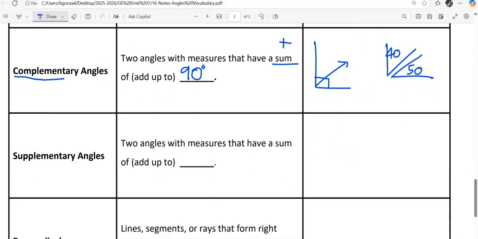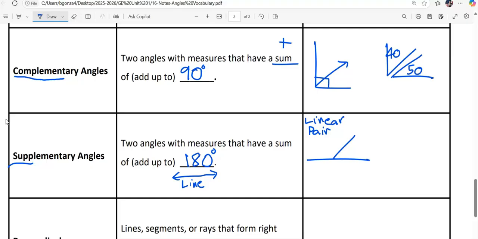What about supplementary? All right. Instead of 90 degrees, it's when two angle measures have a sum of 180 degrees, which you should know makes a straight line. So here's an example. A linear pair is always going to be supplementary because they make a straight line of 180 degrees.